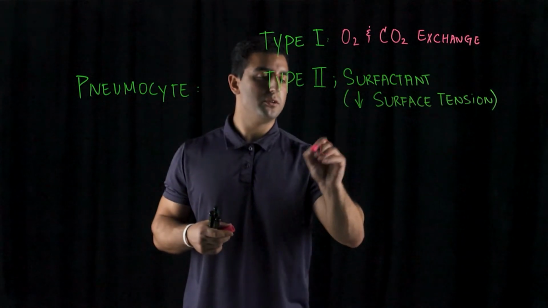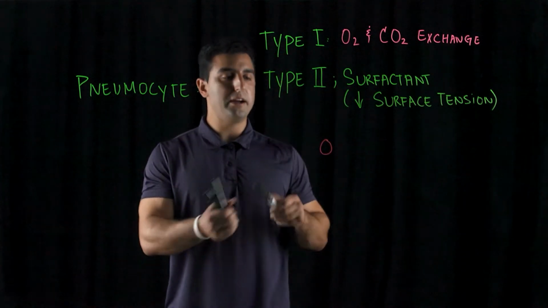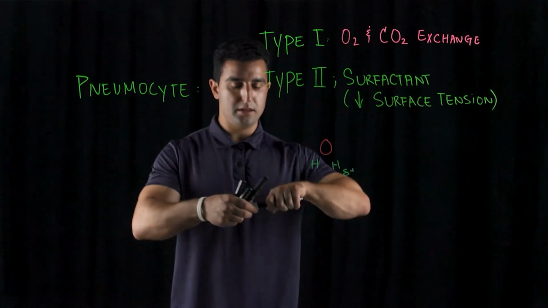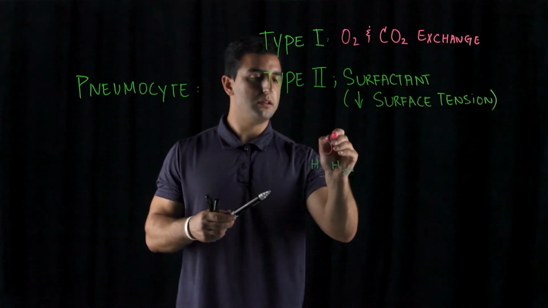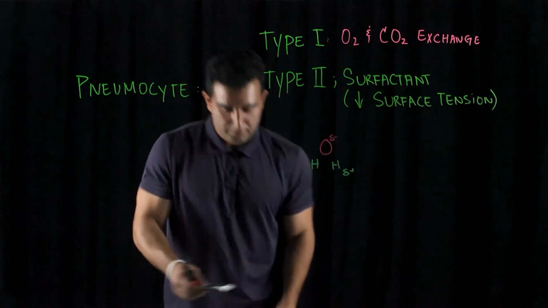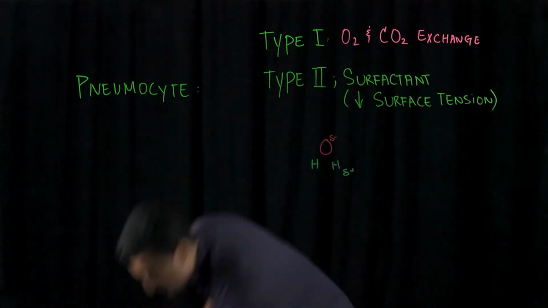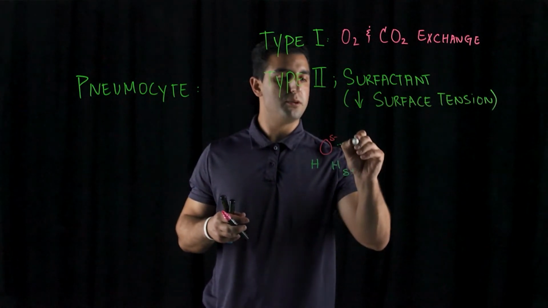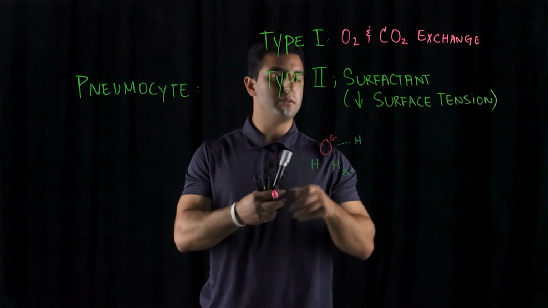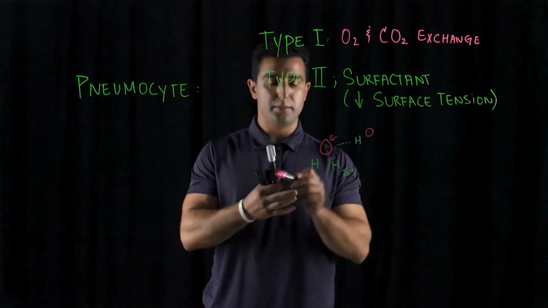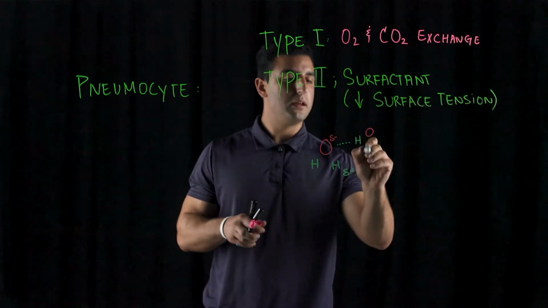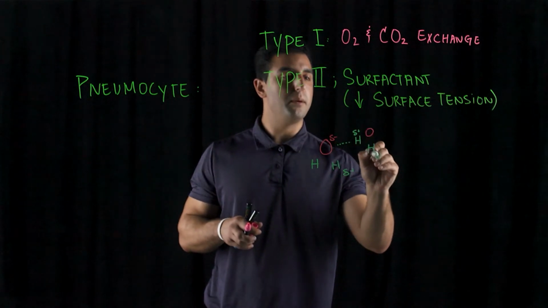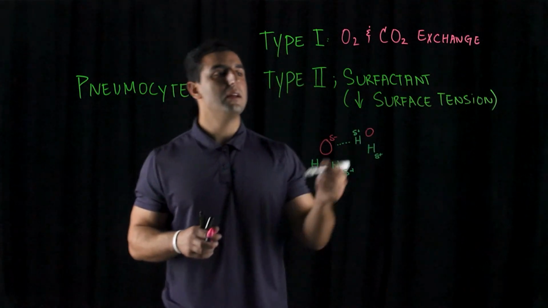If I have my little water molecule here, and I have my hydrogens here, with the partial positive here and the partial negative here, you see this polar molecule, and because of this polarity there is a partial attraction to the hydrogens of other water molecules that are present here. This polarity causes bonding, which generates increasing surface tension, right?